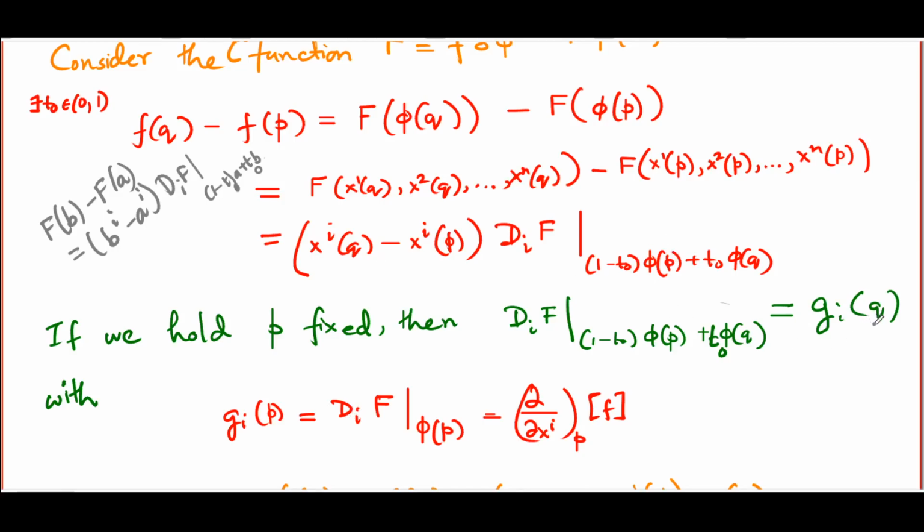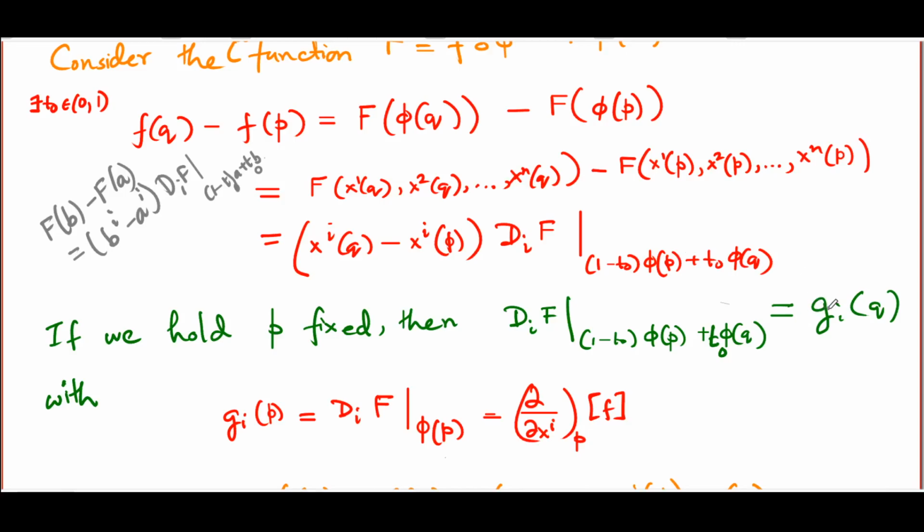Because when p and q coincide, then t0 has to be 1. In fact, then whatever value t0 takes, this point is nothing but phi of p. So gi at point p is di F evaluated at phi p. That's of course the ith partial derivative of small f composite phi inverse evaluated at phi p, which is nothing but del xip acting on f by definition.